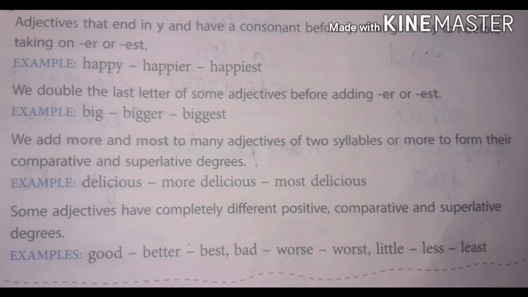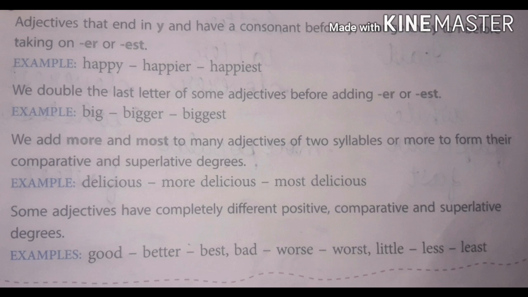Some adjectives have completely different positive, comparative and superlative degrees. Like the word good, we will not write gooder, the comparative word is better, and we will not write goodest in superlative degree. The superlative degree is best. In the same way, the word bad, comparative degree is worse and the superlative degree is worst.